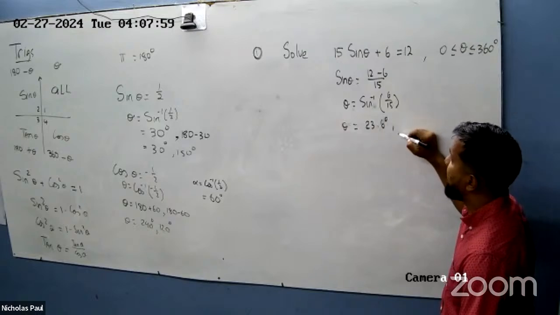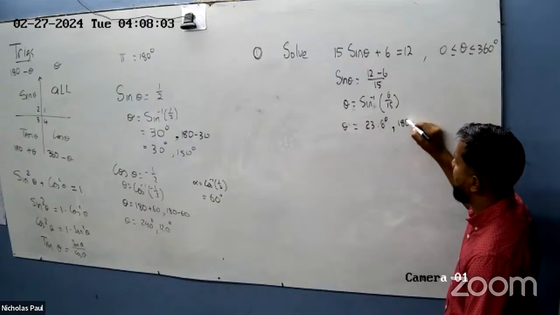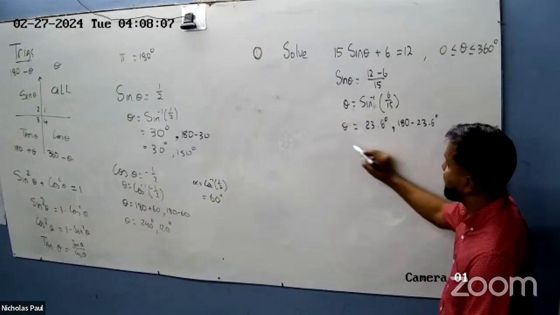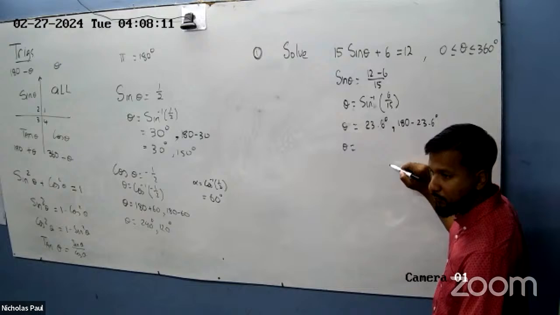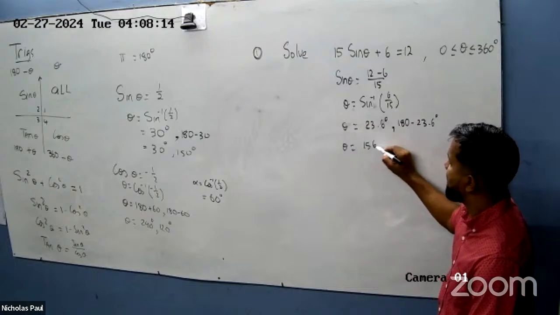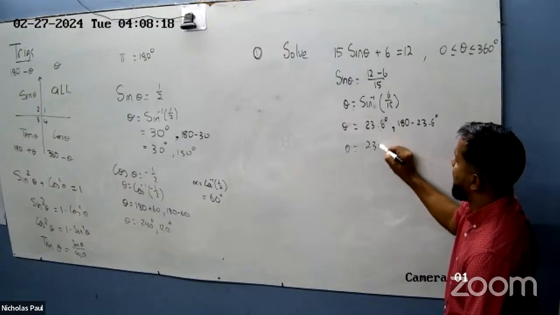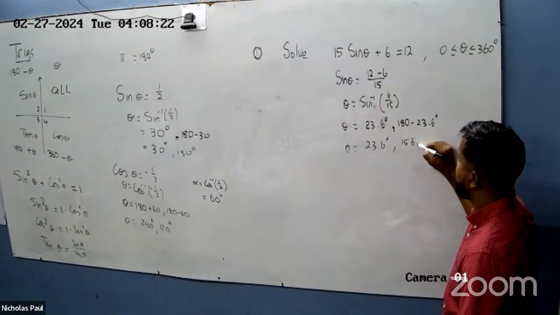And the value in the second quadrant will be 180 minus 23.6. What is that? 156. Theta will be 23.6 and 156.4.